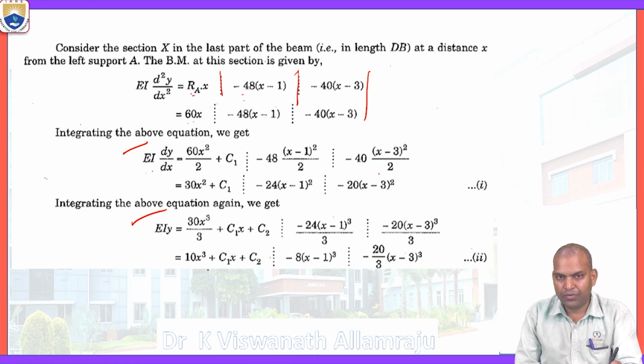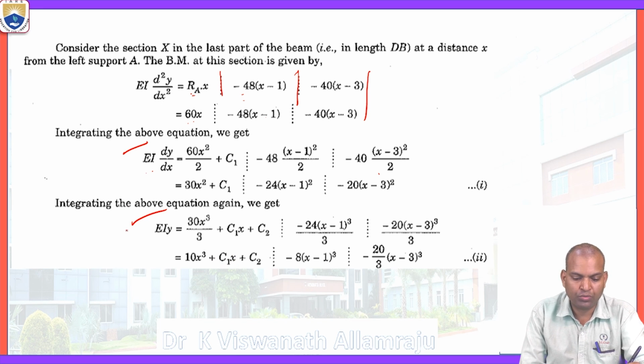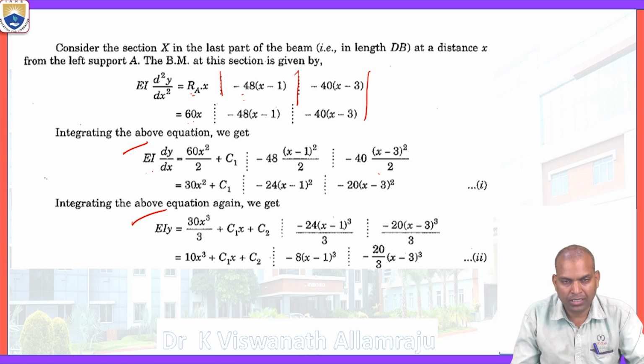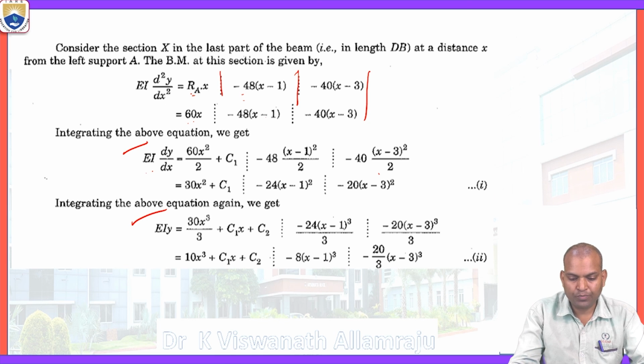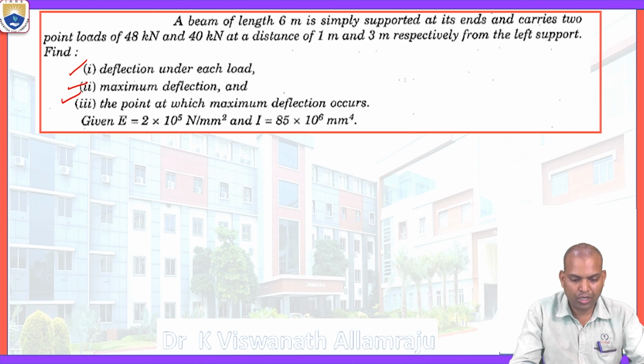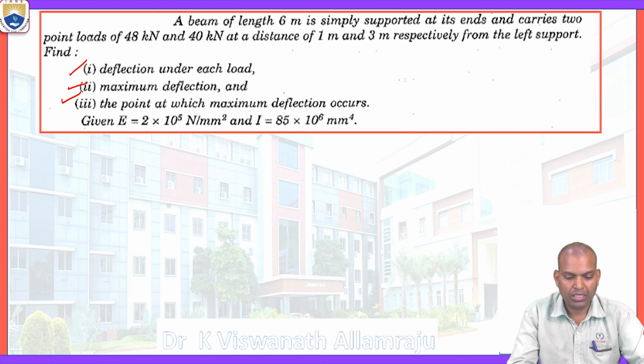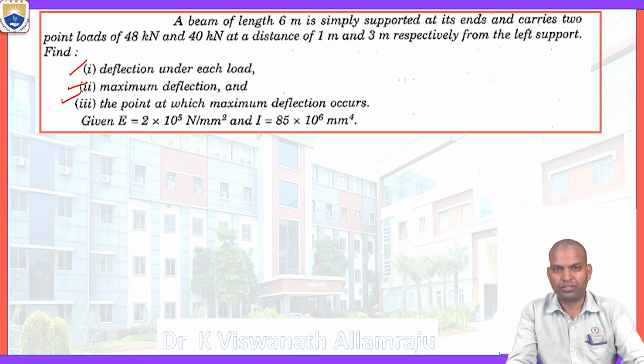After that we have to find the constants of integration using two boundary conditions and substitute C1 and C2 back in equations 1 and 2. Those equations are considered the slope and deflection equations. Like that, the given objectives can be solved: deflection under each load, maximum deflection, and the point at which maximum deflection occurs.